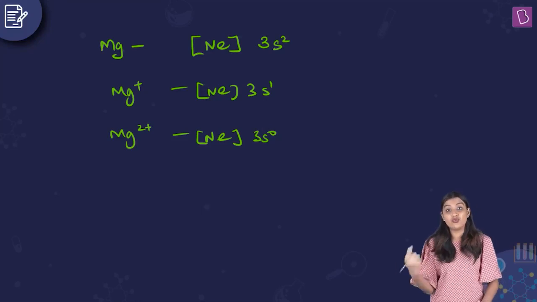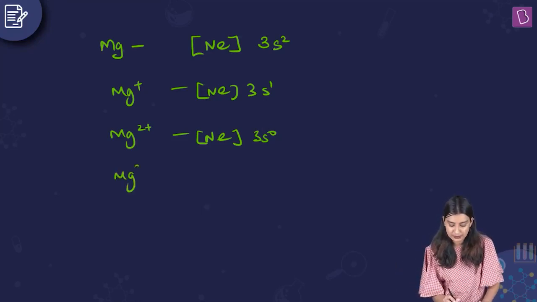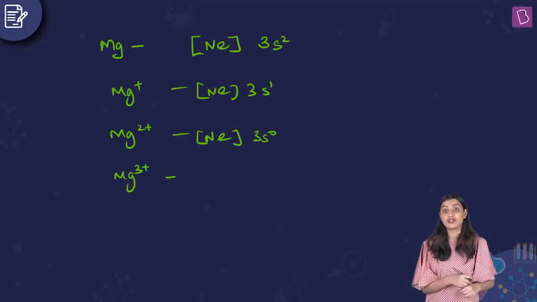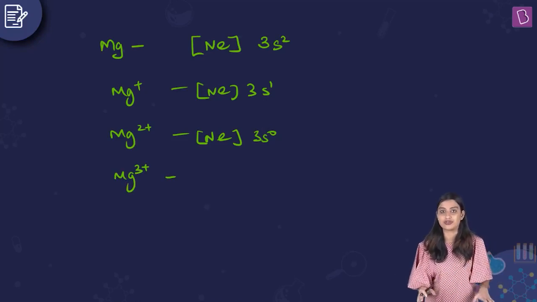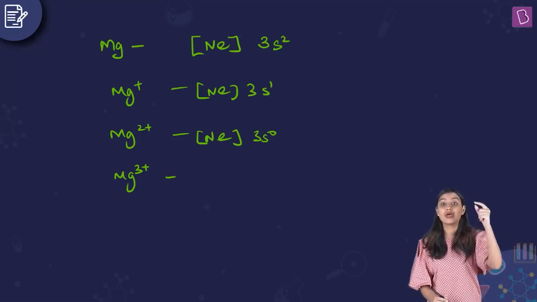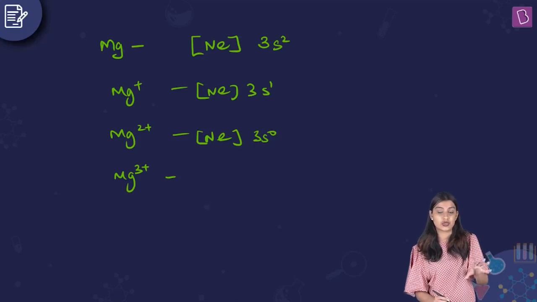Now, if I want to remove one electron, if I want to make magnesium 3+, here I will have to disturb the core electrons, and for that it will require a lot of energy. Okay, a lot of energy will be required, because we are disturbing the core noble gas configuration.